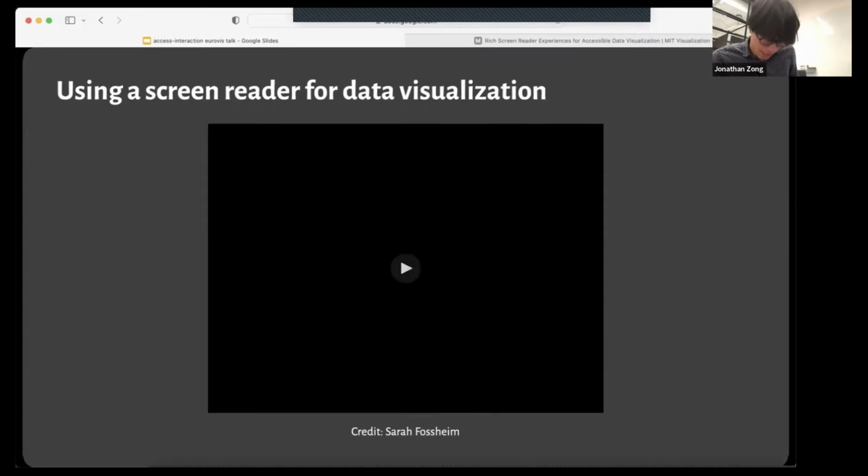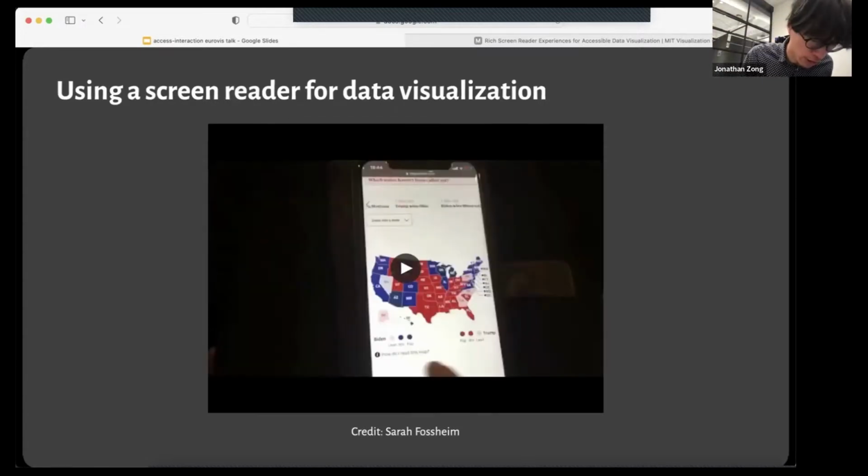But when it comes to using screen readers for data visualization, it's a little less straightforward, right? Because a lot of data visualizations aren't primarily textual. They involve images. And when people remember to include text descriptions for the images, maybe you can get a couple sentences out, but largely the default experience for data visualization is something like this when you're using a screen reader.